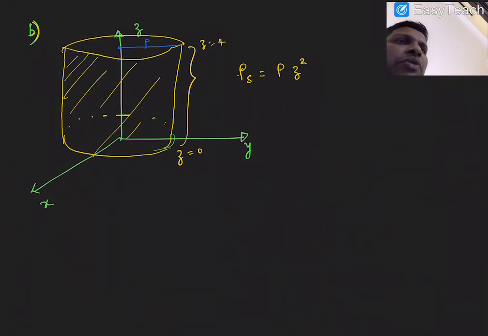So what will be the total charge? What will be the charge dq if you take a small area ds? dq is equal to rho s into ds.